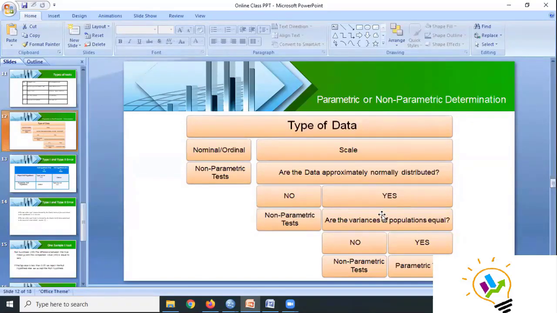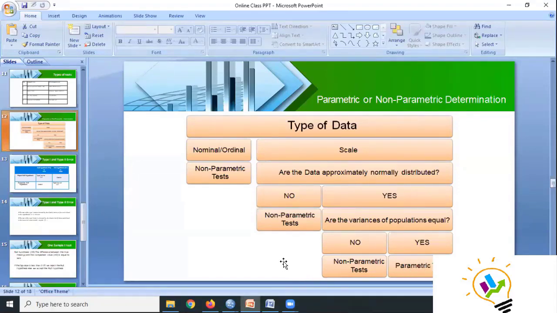We must check; I'll discuss variance also. If the variance is not equal, then non-parametric again. If the variance of the population is also equal, then we must use a parametric test. So these are the conditions we have to handle with parametric tests. Is it okay, madam? Yes, sir.